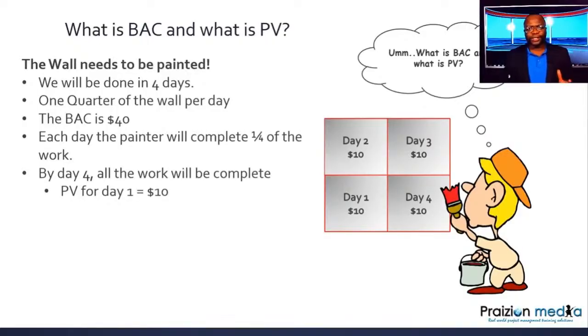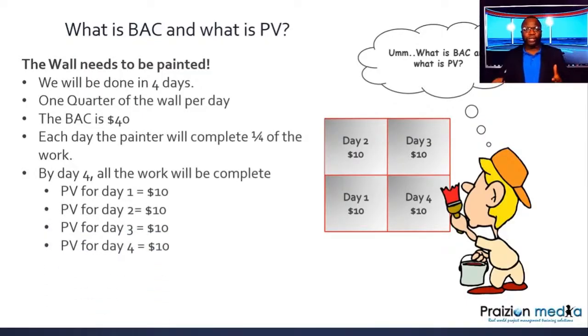So watch this. This is a very important idea about earned value. You need to be able to identify the planned values for all of the time periods. Okay? Planned value for day 1 is $10. Planned value for day 2, 3, and 4, $10 each. You see that? I did not call it the budget at completion for day 1.